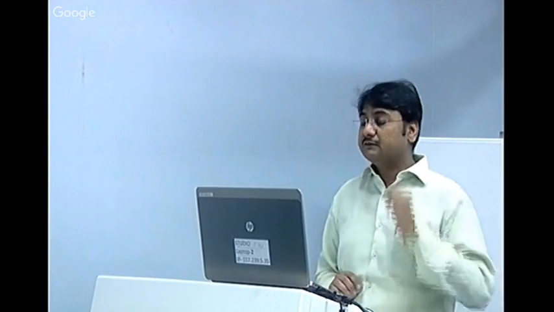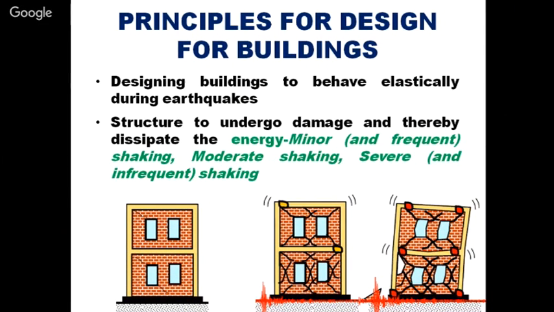As you have seen, in many nuclear power plants and other important structures, some other kind of provision is there, like the base isolation technique. We are providing dampers in those buildings. What do you mean by damping?